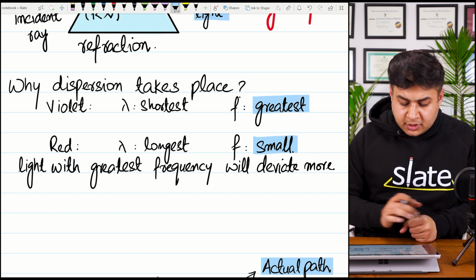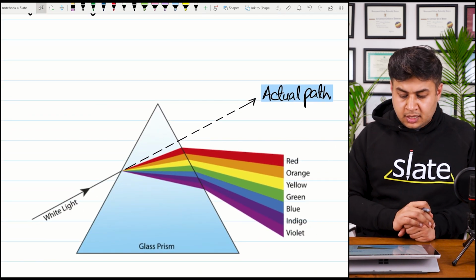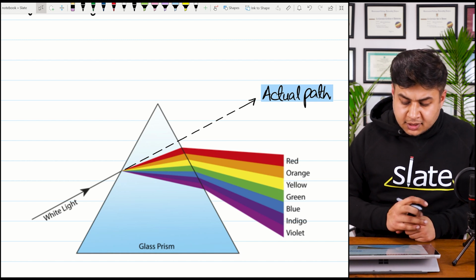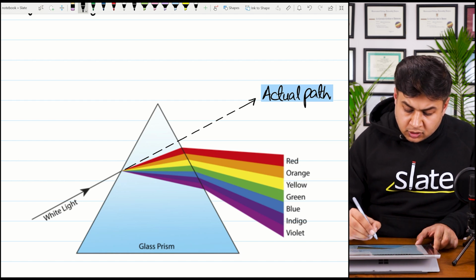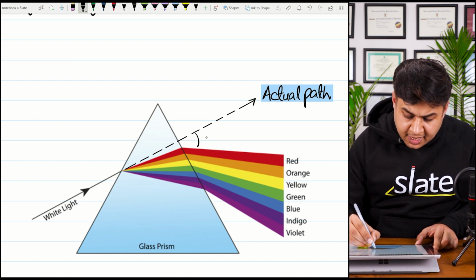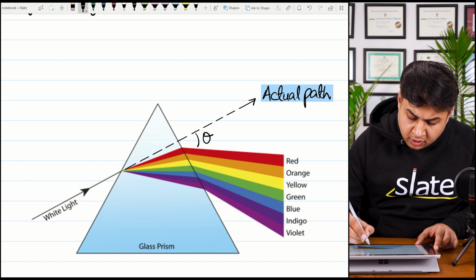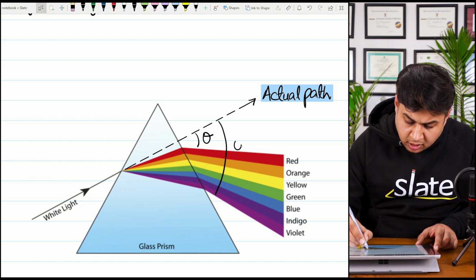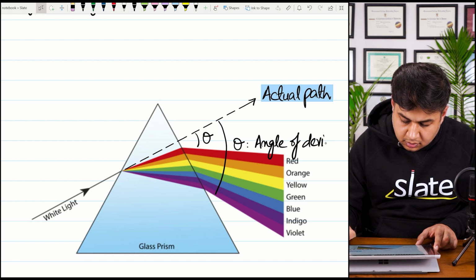So have a look here again. Here once again you can see the actual path of light. And the red light has deviated by the shortest angle. It has the minimum angle of deviation, and for the violet light the angle of deviation is maximum. Right?